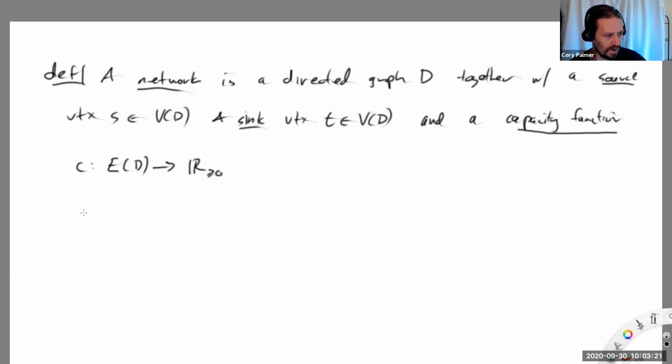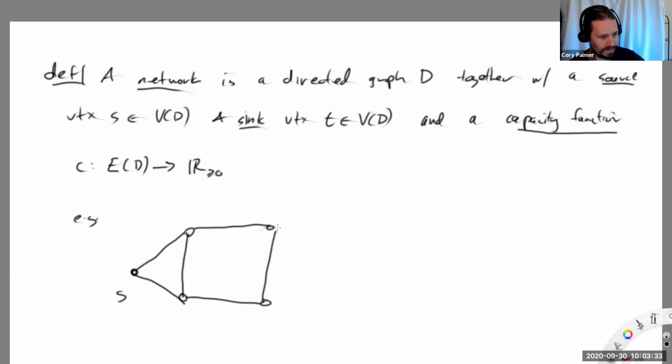Okay, so let's draw an example here. It's very simple, and we'll work with this example a little bit more. That's our source vertex, and let's say the digraph looks like this. Here's our sink. Let's say there's an arc here as well, and maybe let's have a second arc here in the reverse direction.